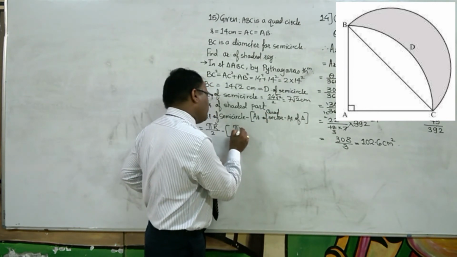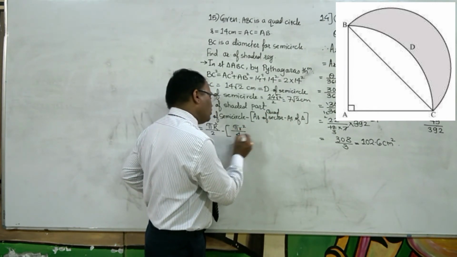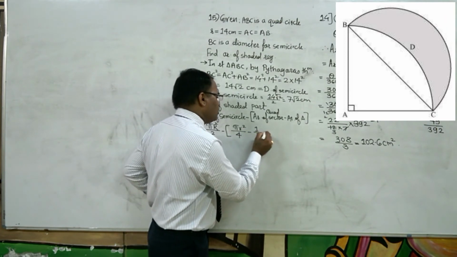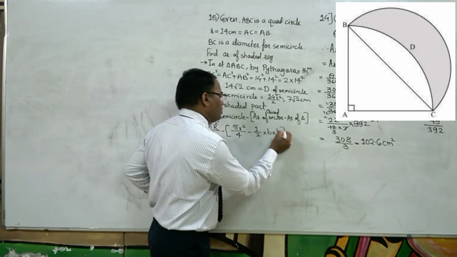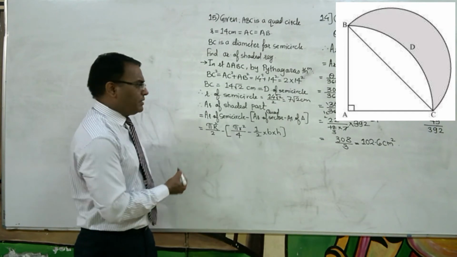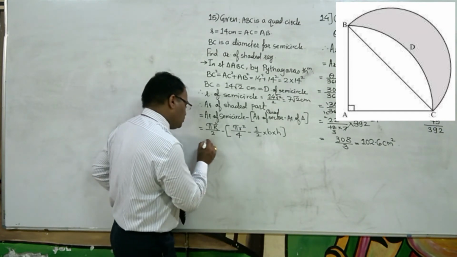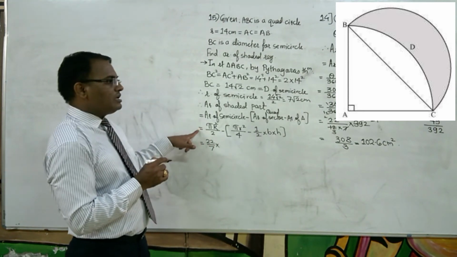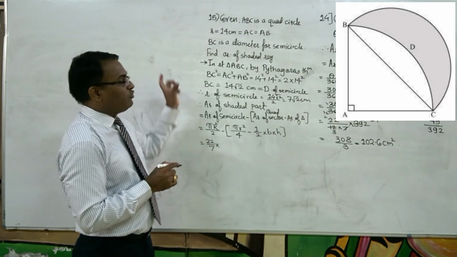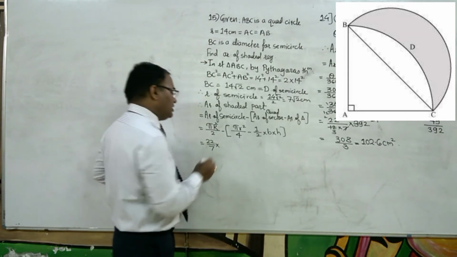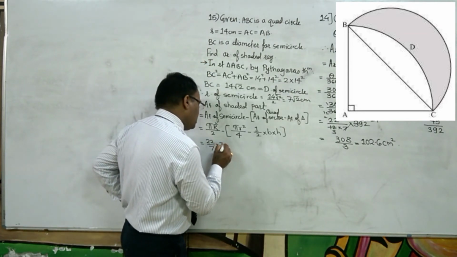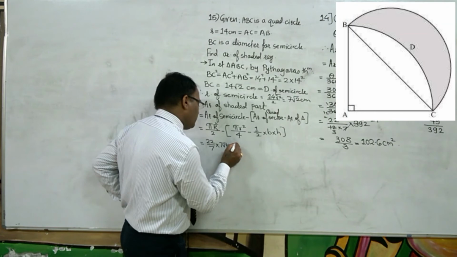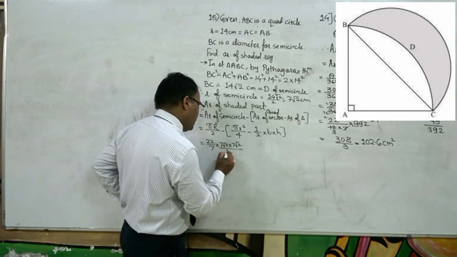So easily you can find out pi r square upon 4 minus 1 by 2 into base into height. Now just put in the formula. Okay, that is 22 by 7. Then what is r for diameter BC? Okay, that is nothing but 7 root 2 into 7 root 2 divided by 2.